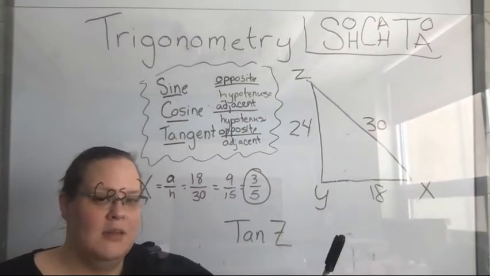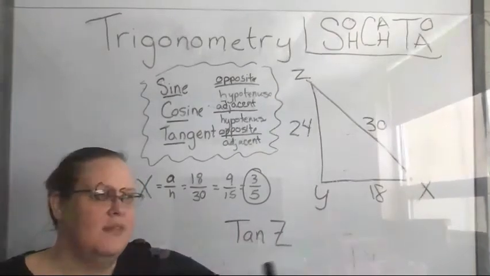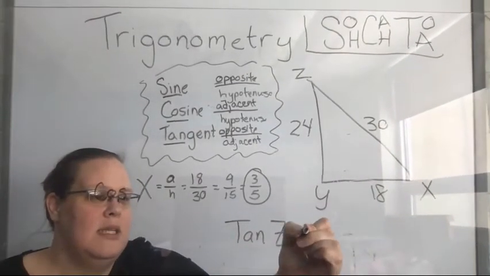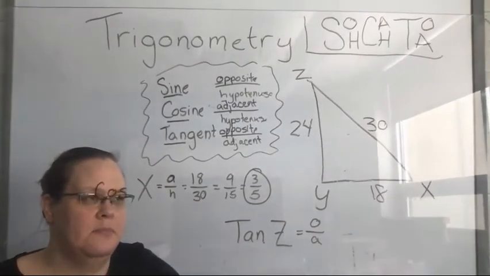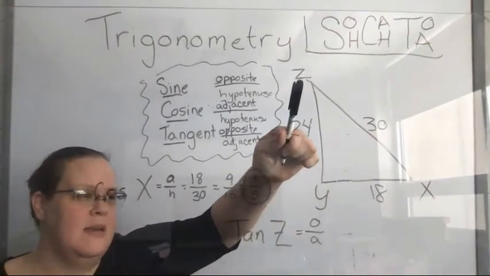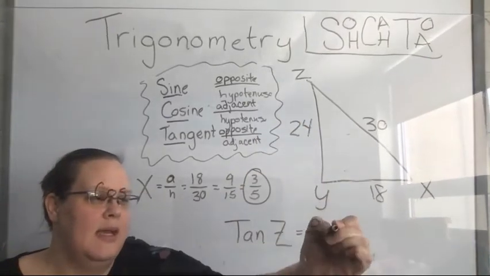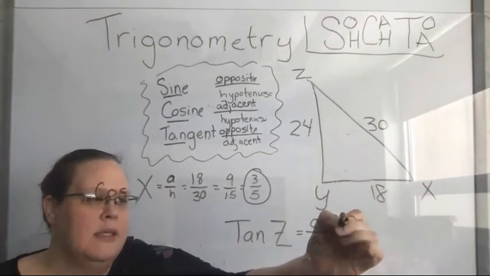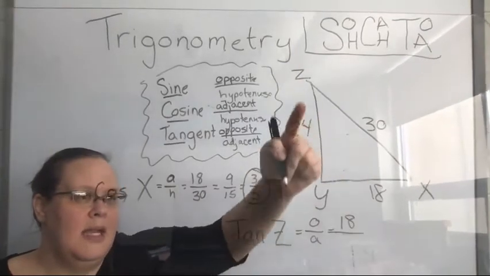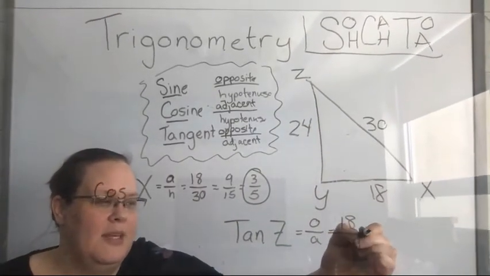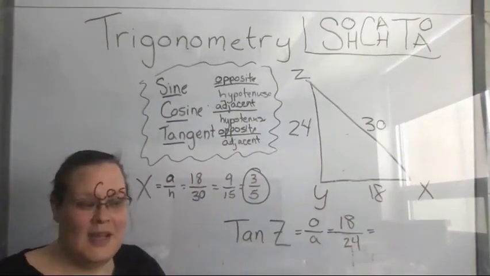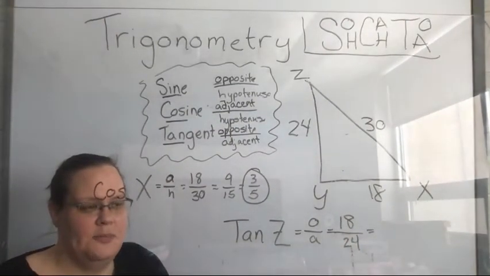Then I have one here that says the tangent of z. I know that tangent is the opposite over the adjacent. I'm starting with z. My opposite side is 18. My adjacent side is 24. Then just make sure that it's simplified as much as possible.